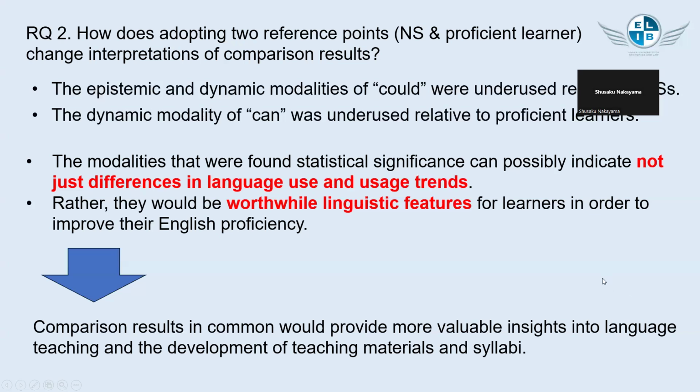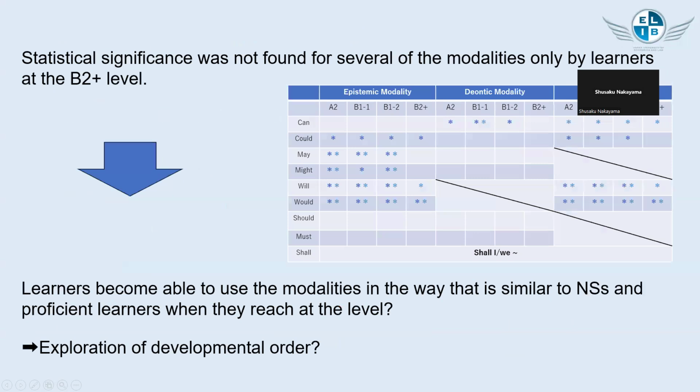With a single reference point, it would be hard to determine whether deviated language use indicates just differences in language use or instances of what to learn to improve their English skills. Given that common findings between the two comparisons better evaluate interlanguages, it might be possible to estimate how learners' knowledge of a linguistic feature of interest develops.